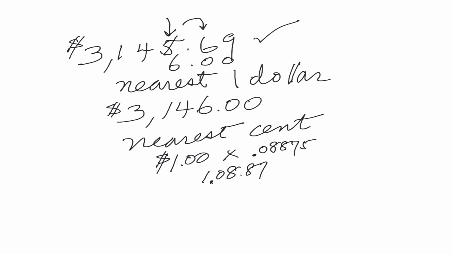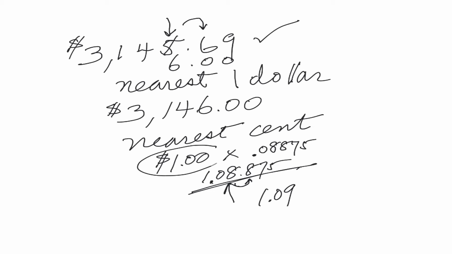So how much is it? Well, 8 is the penny. So you look at the next number, which is 8, which means it falls in the realm of 5, 6, 7, 8, or 9. Then this 8 is going to raise up by 1 more, becomes 9. So it's going to be $1.09. So in New York, if you buy anything for $1 and they charge you tax, you're going to wind up paying $1.09. Okay, so you have to know where the number is.